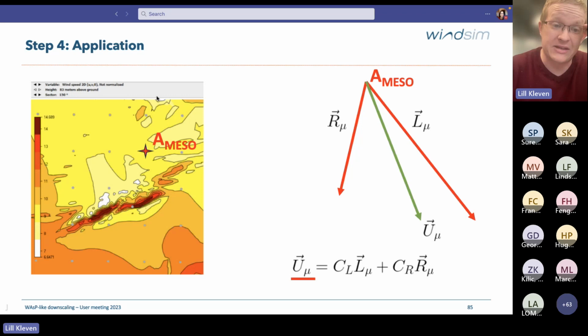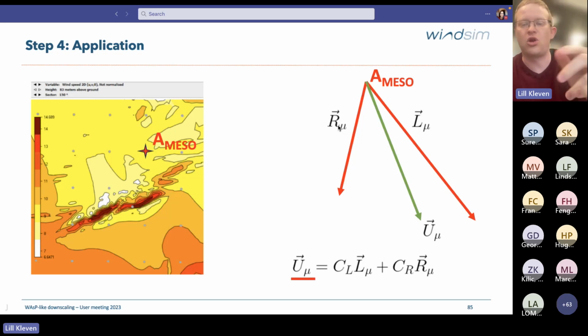And then comes the application step, where we, instead of using the mesoscale average fields, we use the corresponding microscale fields from the simulations where the mesoscale boundary conditions have been used. And we scale them using the same factors. So now we don't know yet what the microscale wind is going to be.